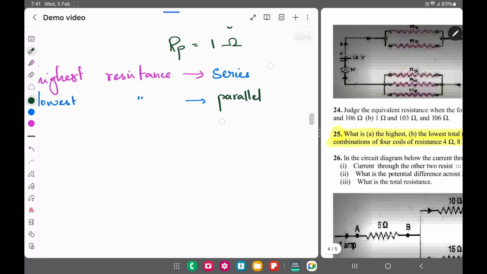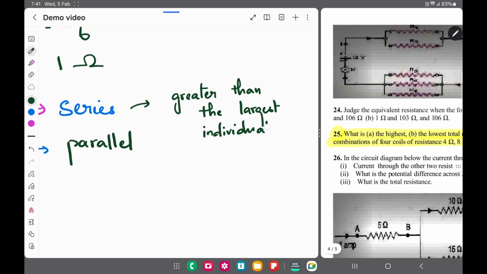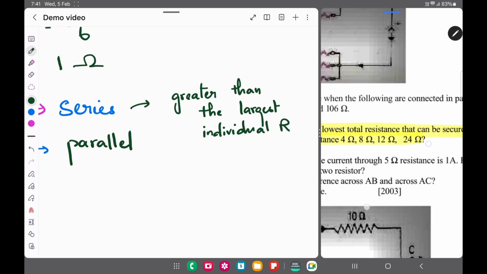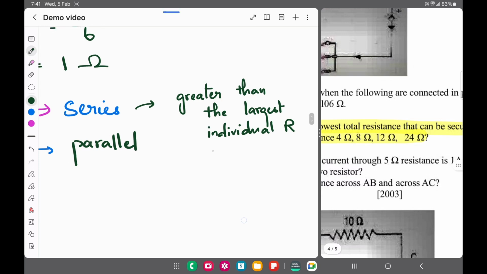I'll repeat it one more time. When you connect in series, the value will be greater than the largest individual resistor. Okay, greater than the largest individual resistor. In this question they have given 4, 8, 12 and 24. Among them the largest is 24. So you will get this RS, which will be greater than 24 ohm.